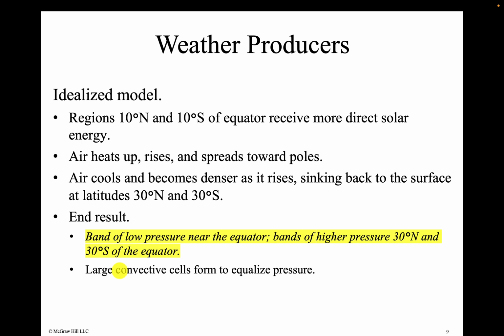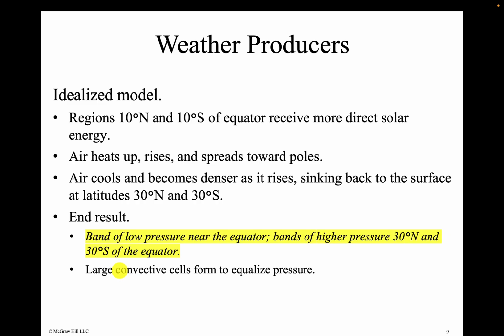So that is summarized here as this idealized model, which we see happening for the whole globe, but local changes can occur, and there are local factors that will drive the weather in those regions.